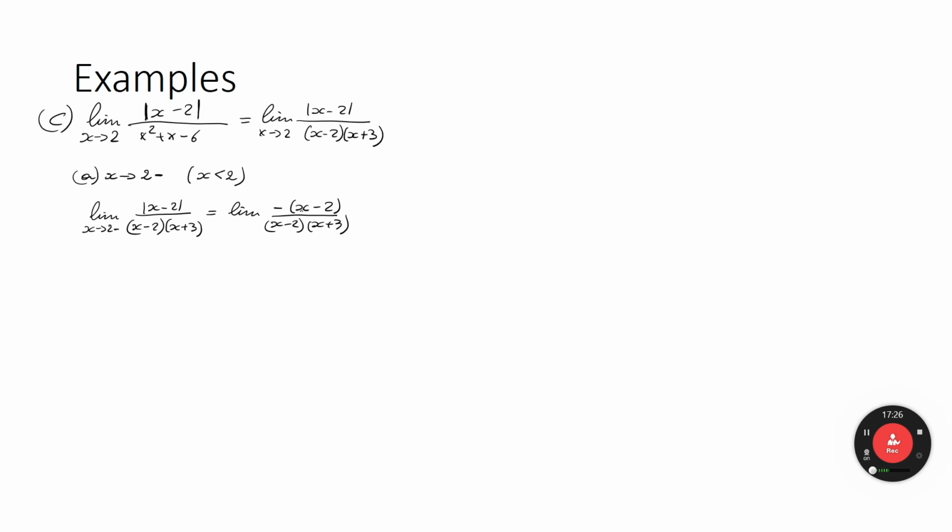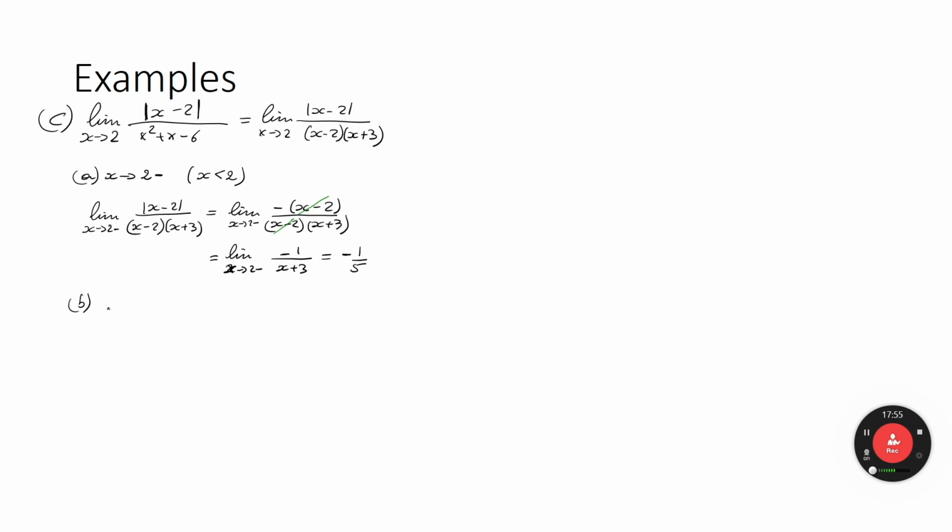And we see here that we get a nice cancellation of the factor x minus 2. And we can write this as the limit x going to 2 minus of minus 1 divided by x plus 3. That is a continuous function. You can substitute the 2 in there and you get minus 1 over 5.